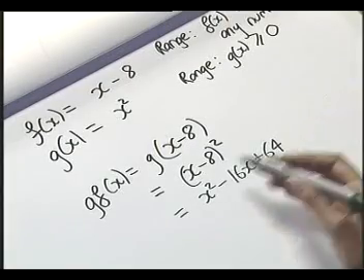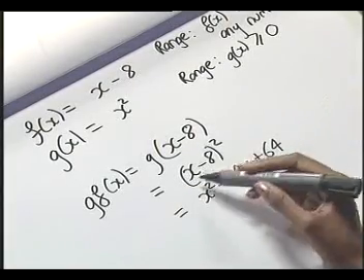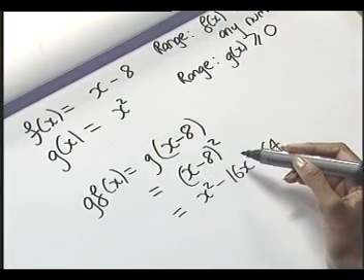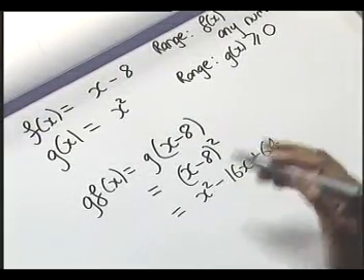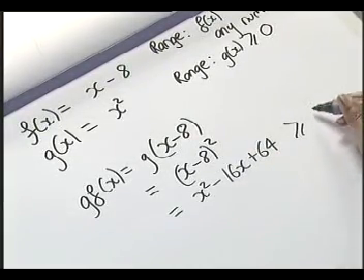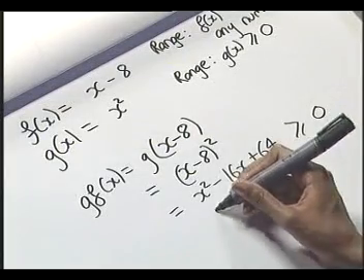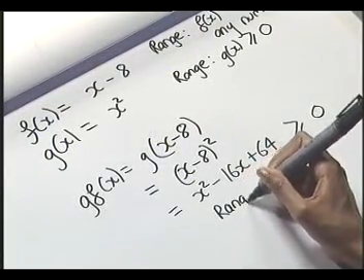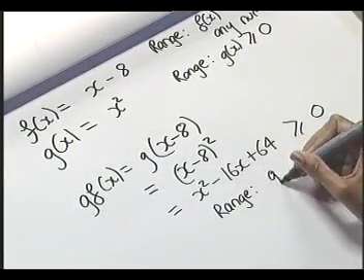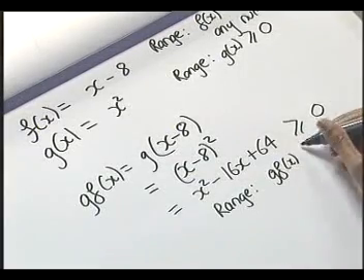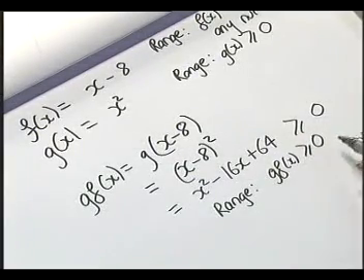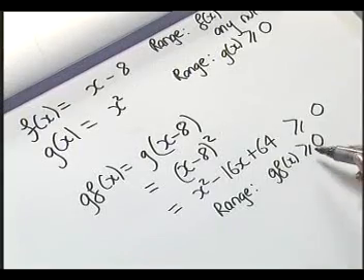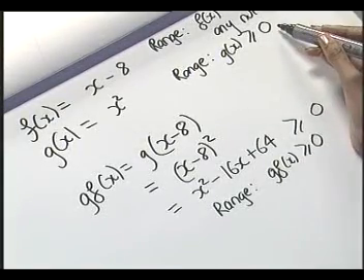But since g f of x is something squared, and all square numbers are greater than or equal to 0, g f of x is greater than or equal to 0. So the range here is g f of x is greater than or equal to 0. So you can see here that the range of g f is the range of g.